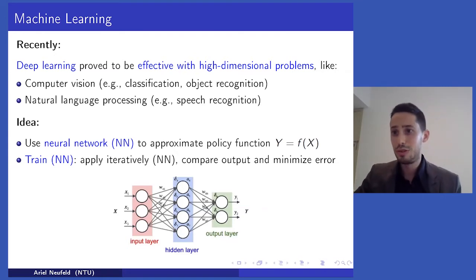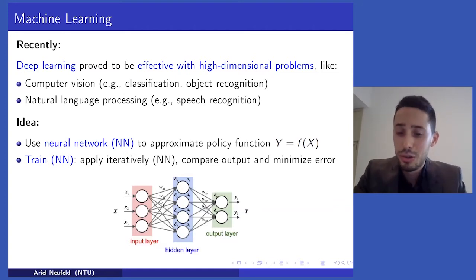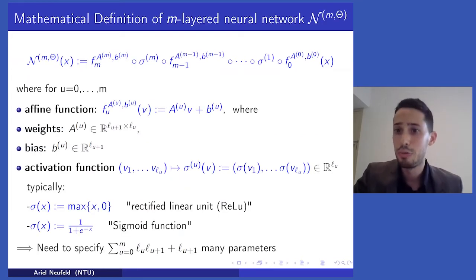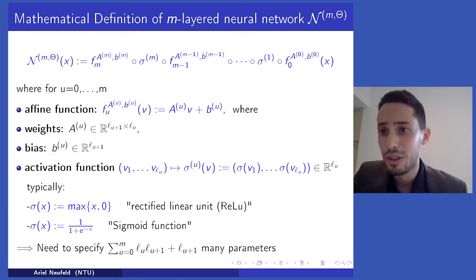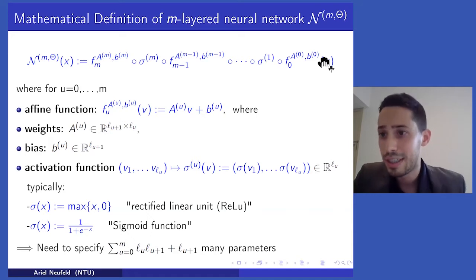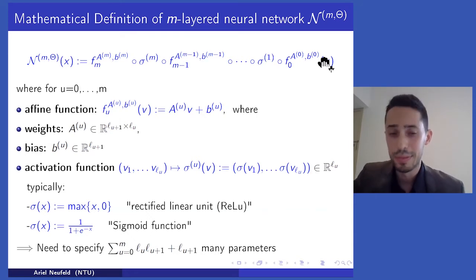But of course, we need to have some justification and some ideas how we are actually able to do so. So let me first, before I start, introduce to you from a mathematical point of view what we mean by a neural network, and why neural networks have this kind of good property that they can actually solve high-dimensional problems.